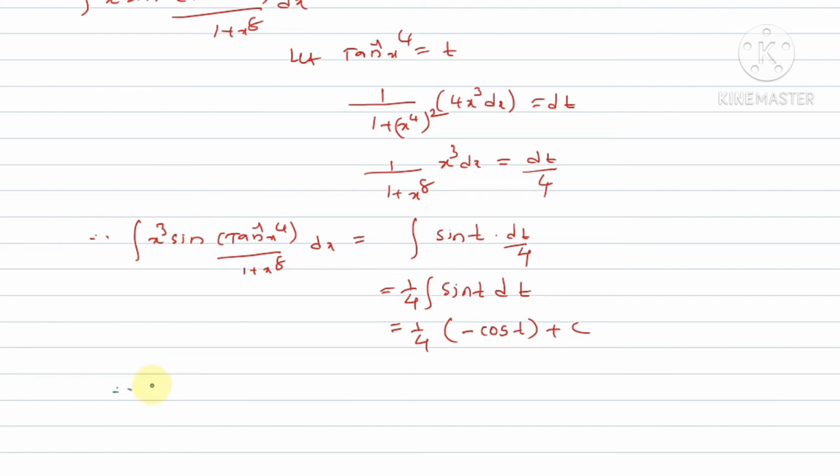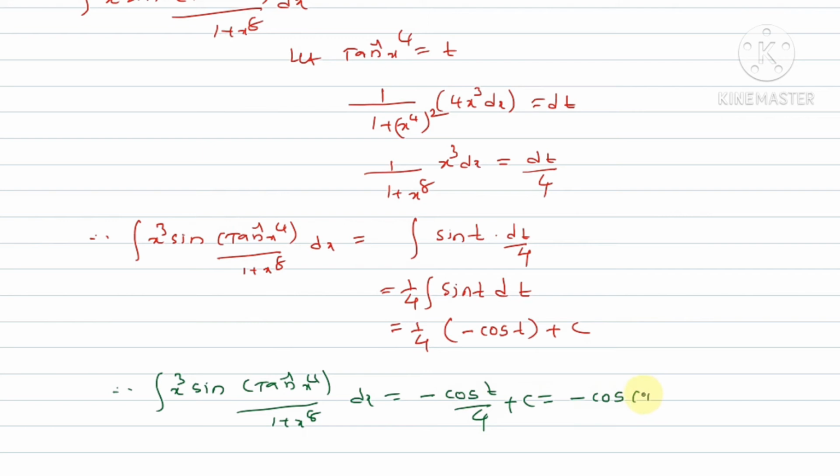It is the solution of integral x cubed sine of tan inverse x power 4 upon 1 plus x power 8 dx, which is equal to minus cos t upon 4 plus c. What is the t value? We assumed t is tan inverse x power 4, so the answer is minus cos of tan inverse x power 4 by 4 plus c.